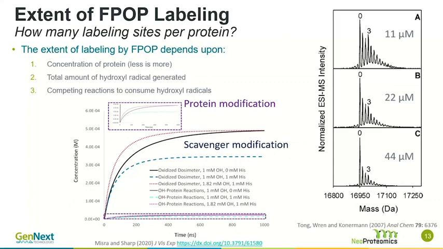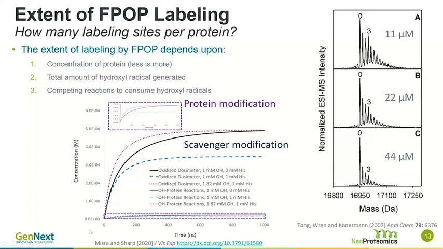Well, the reason why this is interesting is because if I take these same conditions and I look at the modification of my protein analyte, under conditions of no histidine, 1 millimolar hydroxyl radical, I get protein oxidation shown here in black. If I add in the histidine, the amount of oxidation of my protein drops, just like the scavenger did.